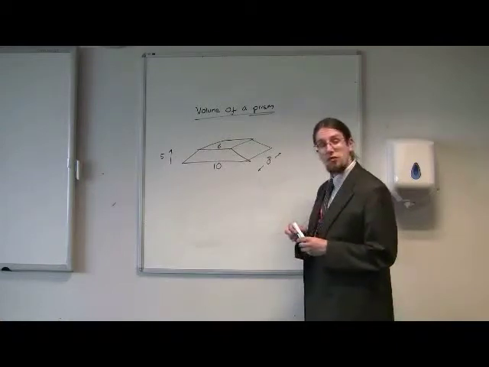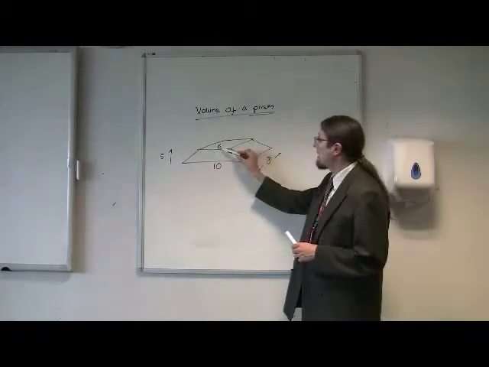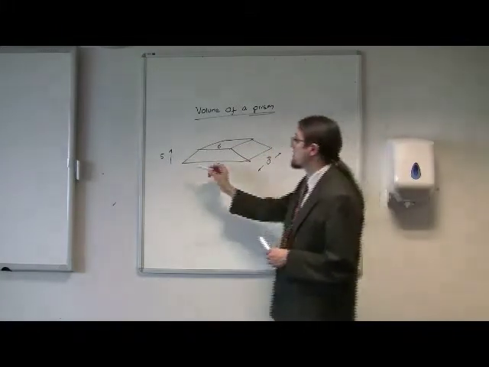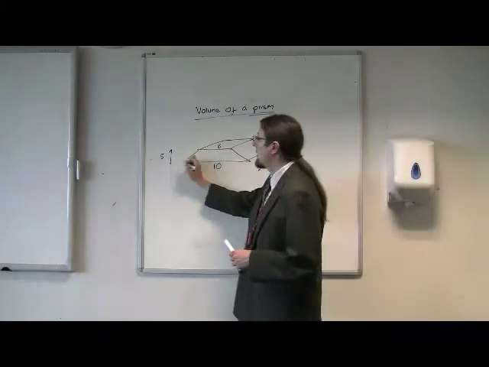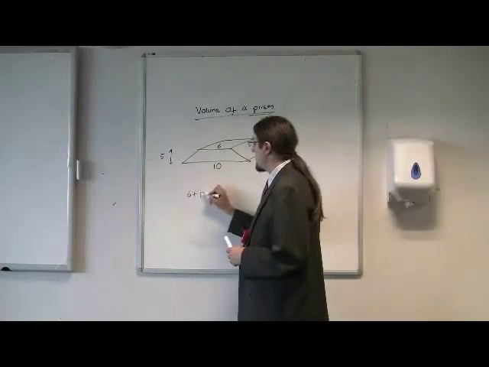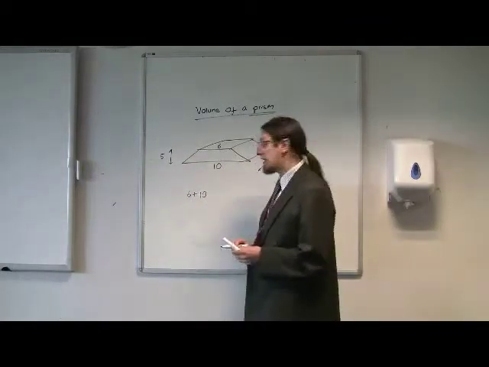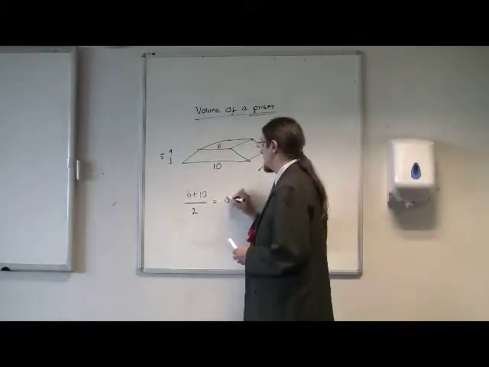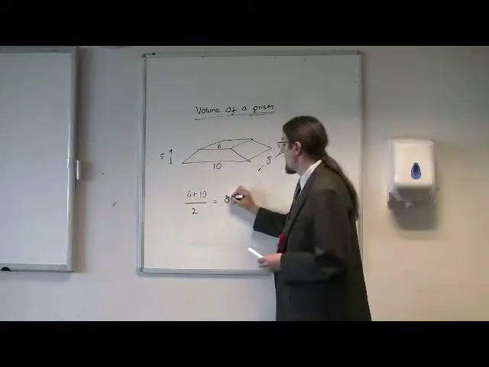Now to find the area of a trapezium, you basically average out its lengths and multiply it by the height. If you add together 6 and 10, you get 16. And if you halve that, you have averaged out the length.